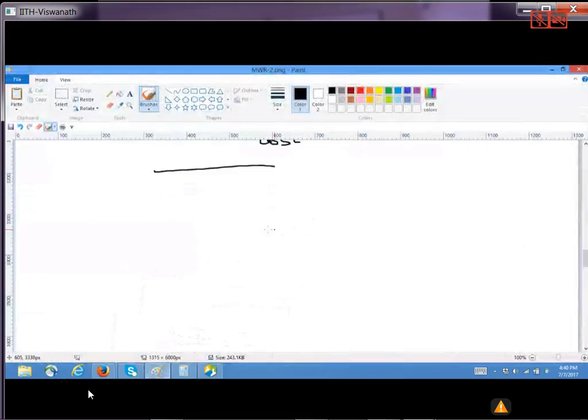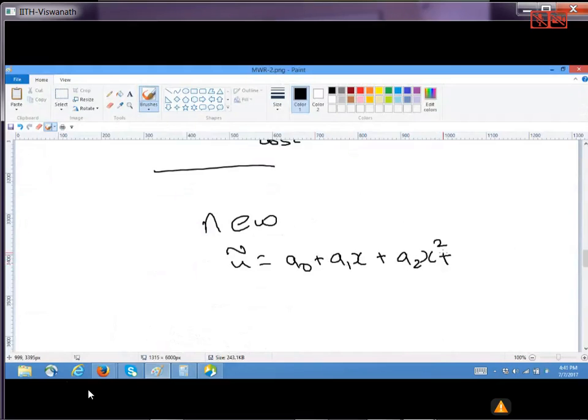taking your new u tilde as a0 plus a1x plus a2x square plus a3x cube, and then ignoring the other higher order terms. So we ignore these things and assume another variable in the system. Then in the method of weighted residual, you have to make r at, let's say, 0.5, or let us choose something else.